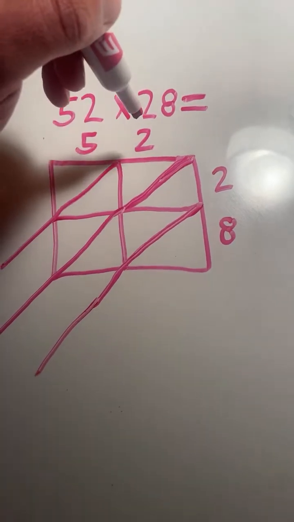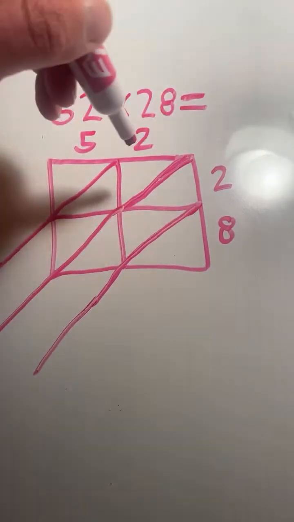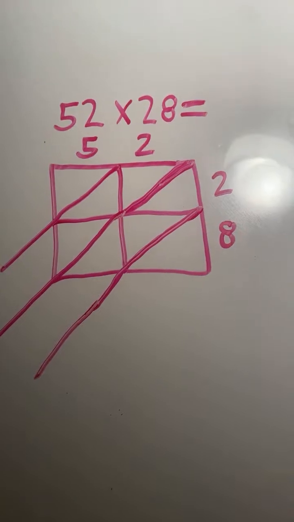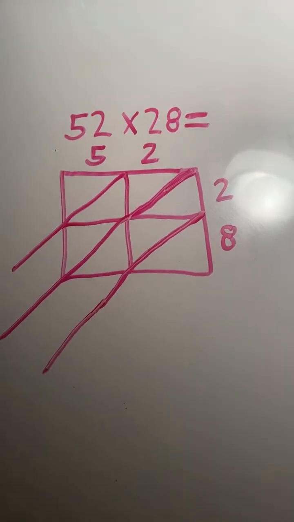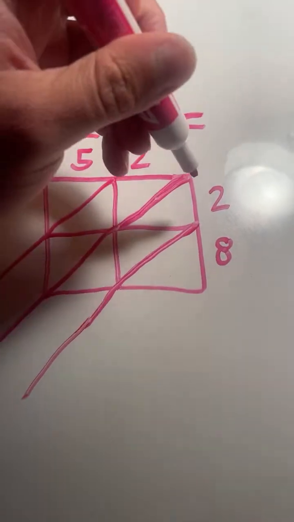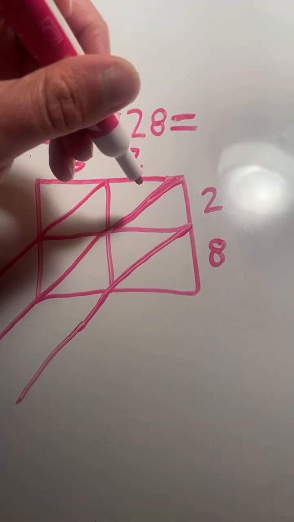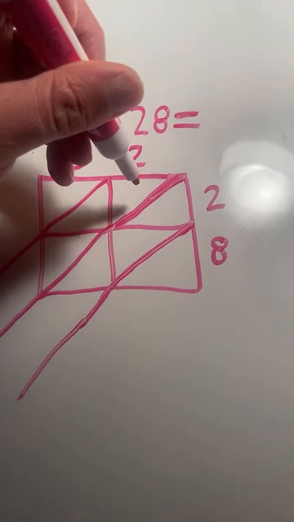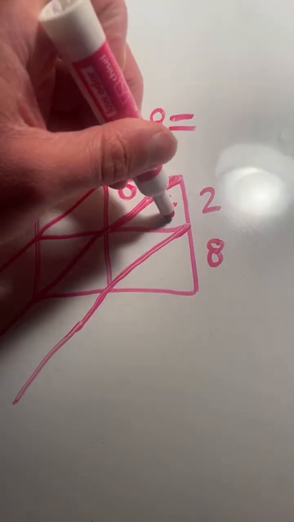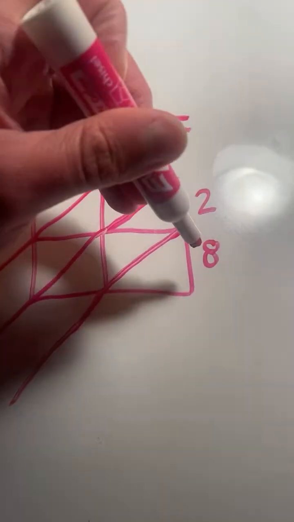So we'll start out multiplying 2 times 2. The answer to 2 times 2 goes in this square. The digits within our answer go in each triangle. Now 2 times 2 equals 4. Now 4 doesn't have anything in the tens place, right? Just 4 ones. So we're going to put a 0 in the top triangle and then a 4 in the bottom triangle. 2 times 8 equals 16.